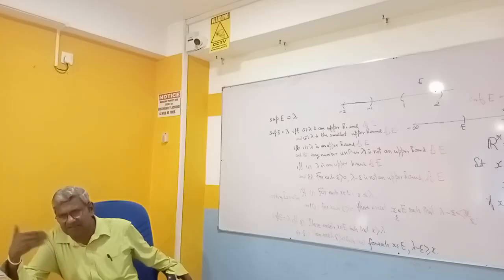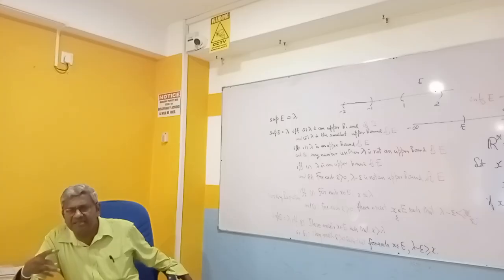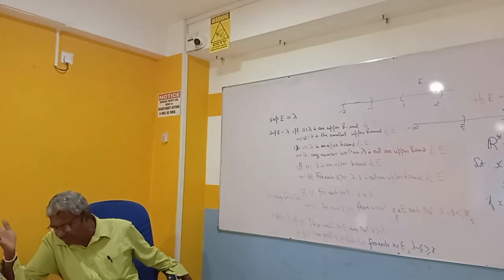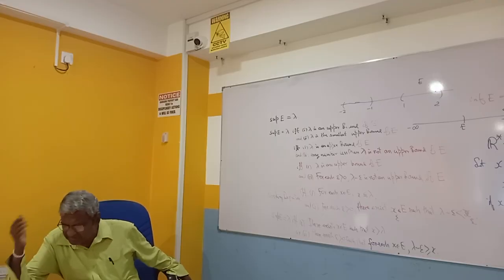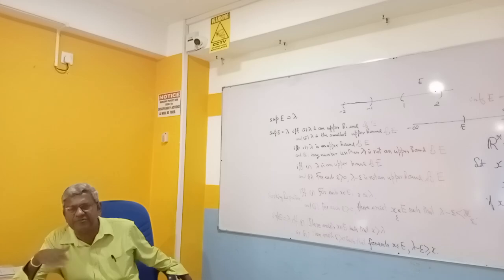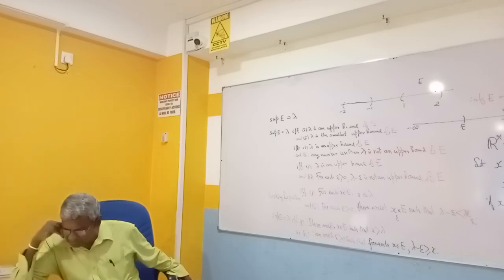The sup of the sequence is the sup of the set of all elements of the sequence. So nothing new here. Infimum is the same way: the infimum of the same set, a_n for n greater than or equal to 1. So that is an expected definition. It doesn't surprise you at all.